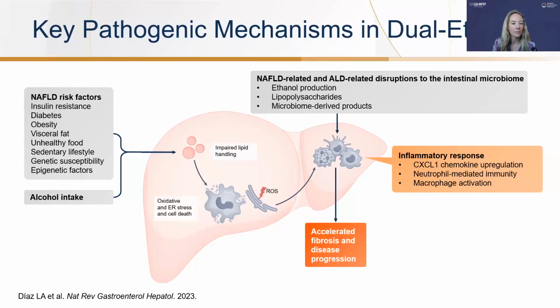And so basically what happens is you get this impaired lipid handling in the liver, which leads to more oxidative stress. You can get alterations in the intestinal microbiome. All of this leads to this inflammatory response in the liver, which can lead to accelerated fibrosis and disease progression when you have both MASLD plus the contribution of alcohol.